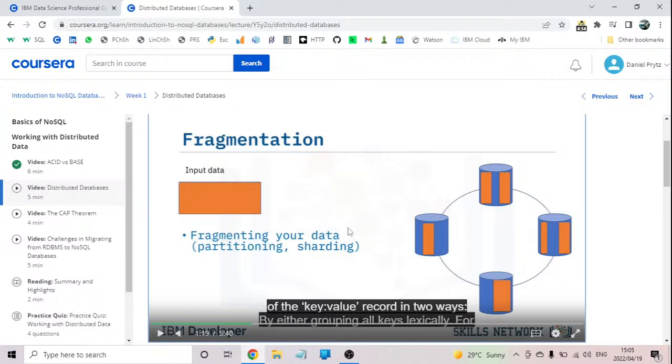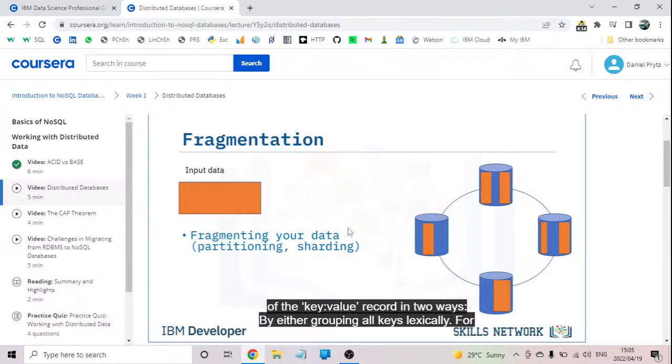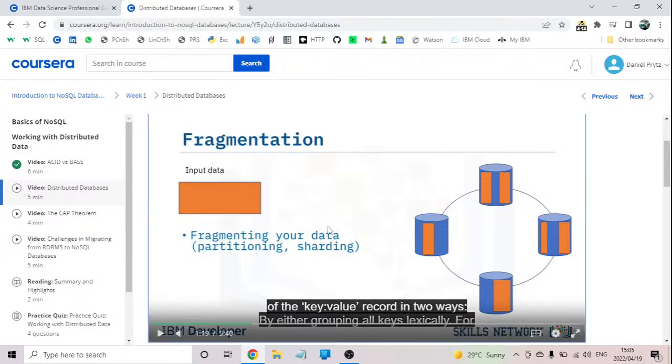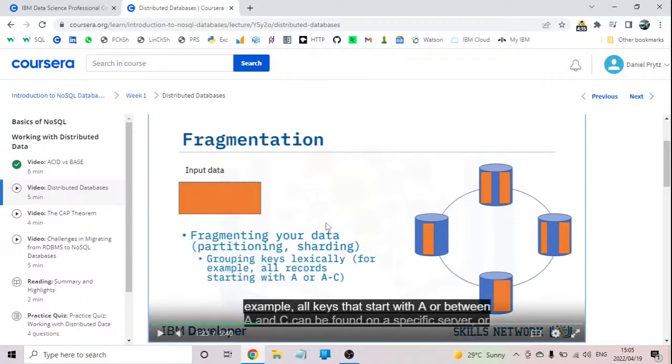So partitioning, sharding, or fragmentation is typically done lexically.